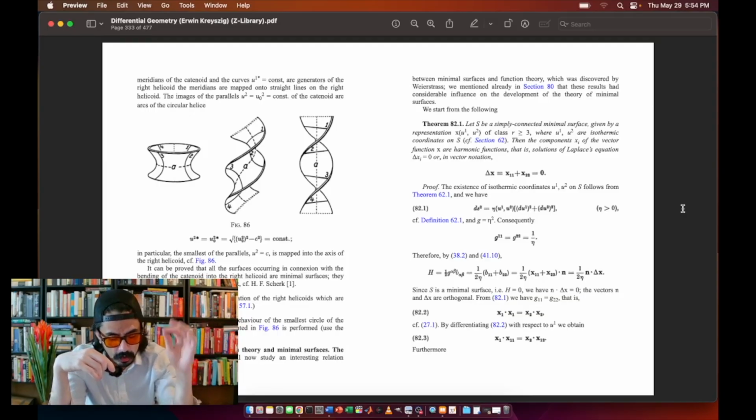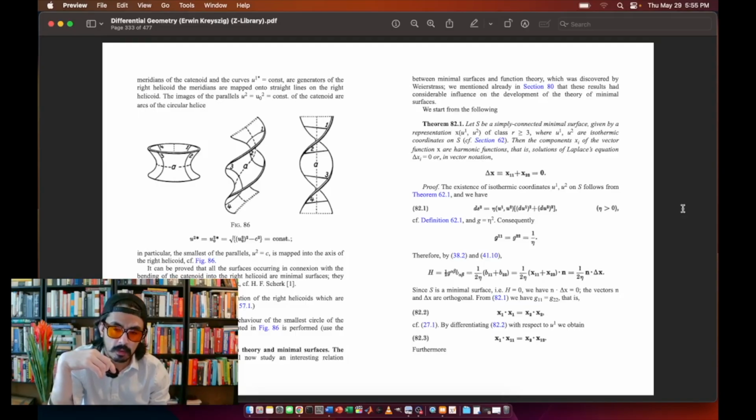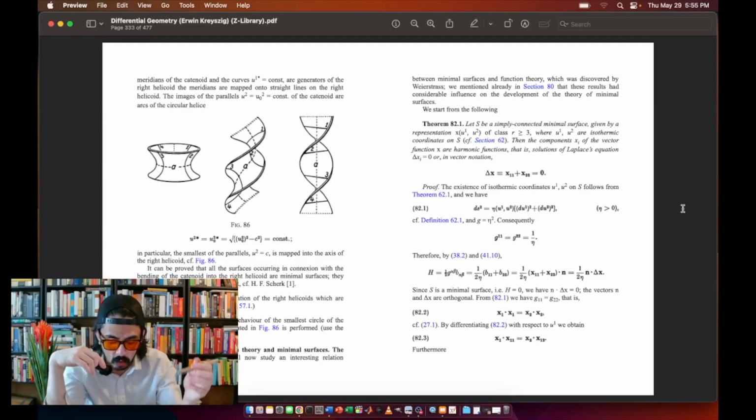Therefore, by 38.2, which is just the statement of the second fundamental form, you have b sub alpha beta equals vector x sub alpha beta scalar product with vector n, where that x sub alpha beta vector is the partial derivative along x alpha and then a partial derivative along x beta, and n is a normal vector.